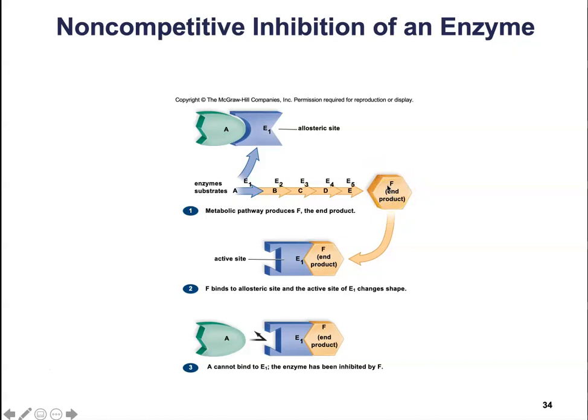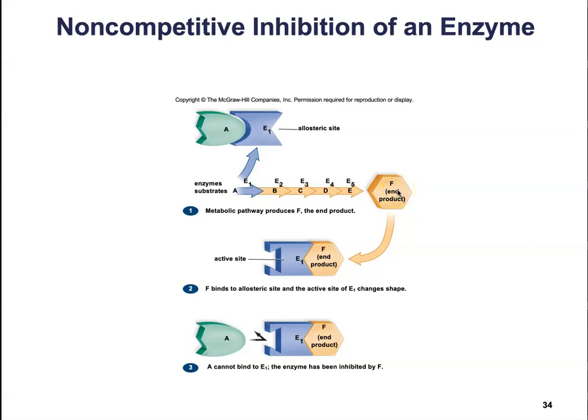There is only a certain level of testosterone that's necessary and should be made within the cell. Once that level is reached, the cell is going to want to inhibit the production of it. It does not want to make any more, okay? And so what it can do is, again, this F, the end product, can act as an inhibitor.